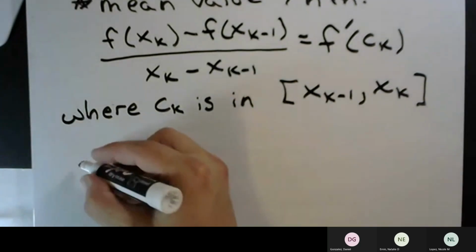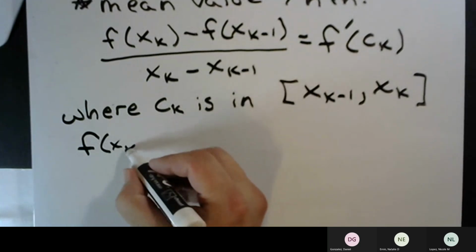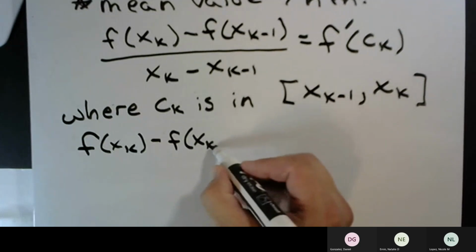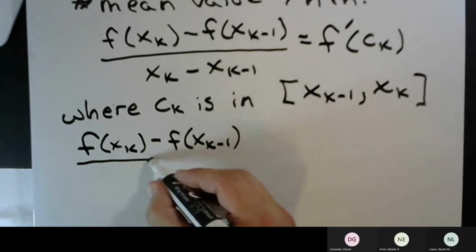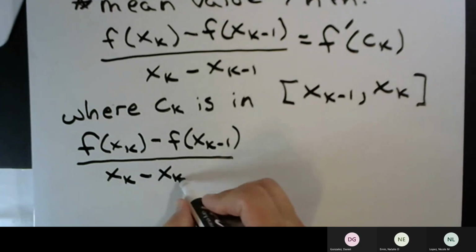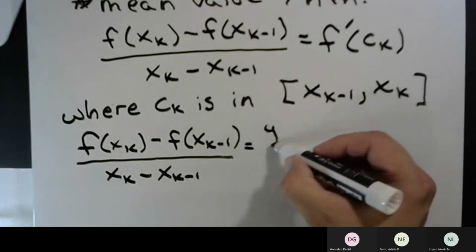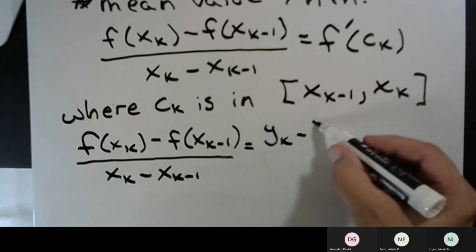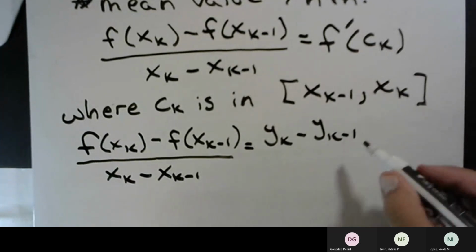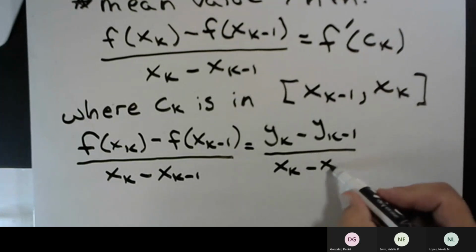Now another way of saying this, f at xk minus f at xk minus 1 over xk minus xk minus 1. Well, we could just call this yk, and this other f of xk minus 1, we'll call that yk minus 1, over xk minus xk minus 1.